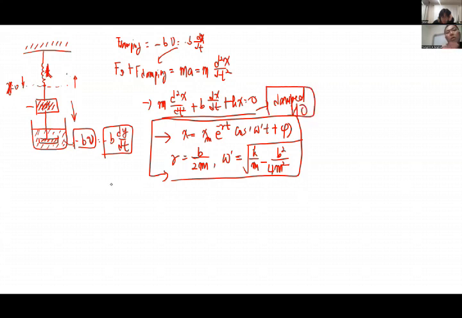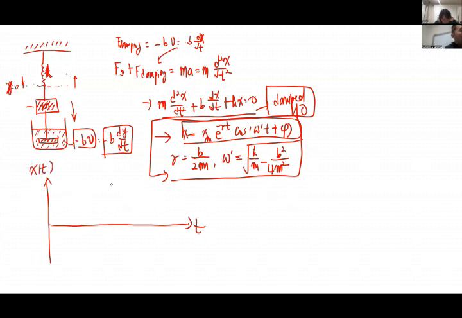So I gave you some typical examples, but any system could be a damped harmonic oscillation as long as the amplitude decays in time proportional to the exponential function. If you plot this amplitude in time, this is time, and this is the amplitude x, which is a function of t.